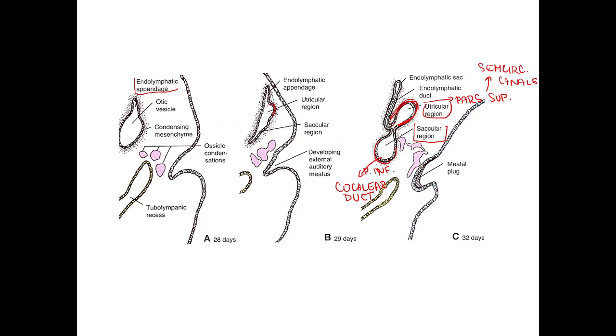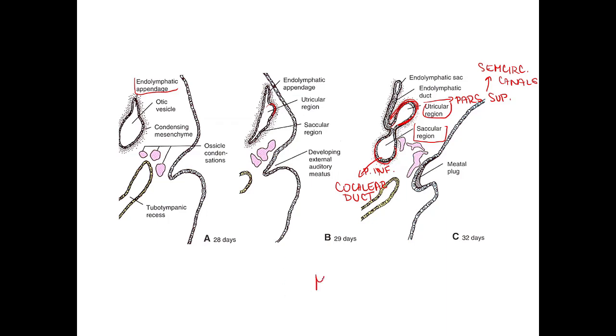But all of these structures that I described have some bony part and some membranous part. We have the bony labyrinth and the membranous labyrinth. So only the membranous labyrinth inside the inner ear is developed from this ectoderm.